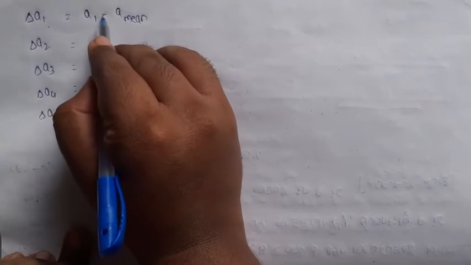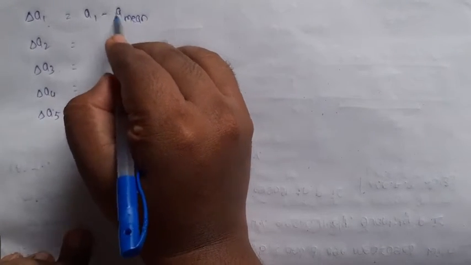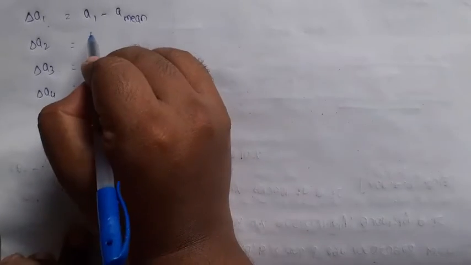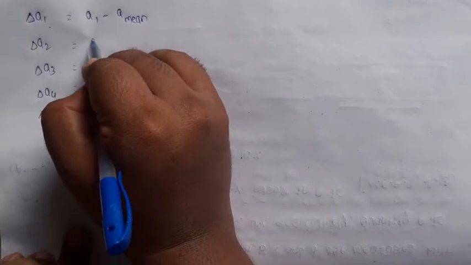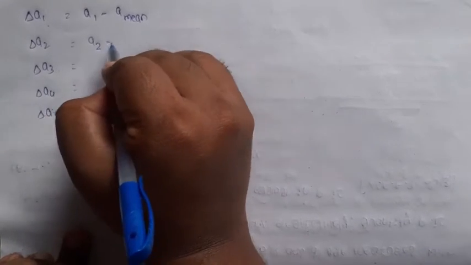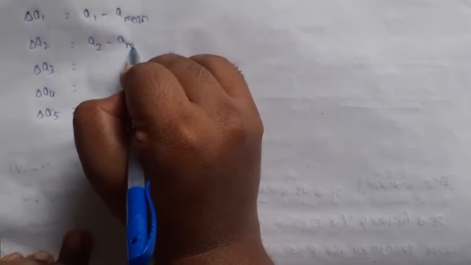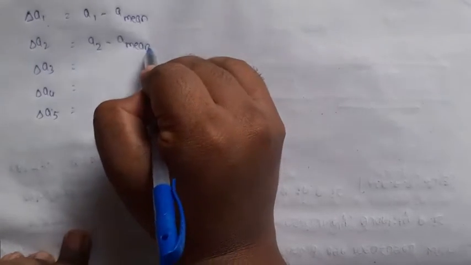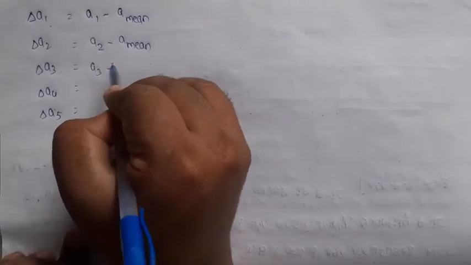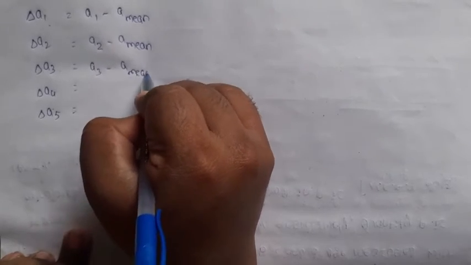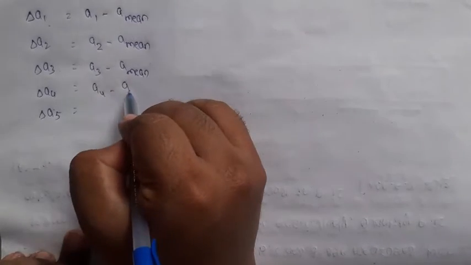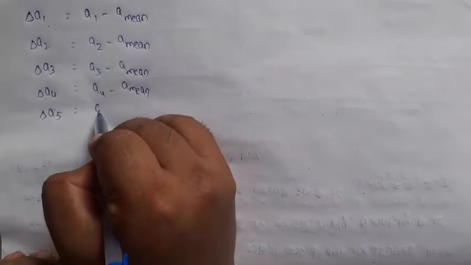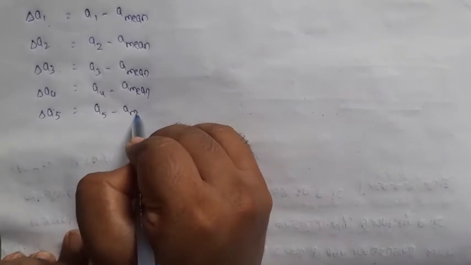A1 is the error value minus A mean, which is the original value. Similarly, A2 error value minus the actual value, the A mean. Next similarly A3 minus A mean, A4 minus A mean, A5 minus A mean.